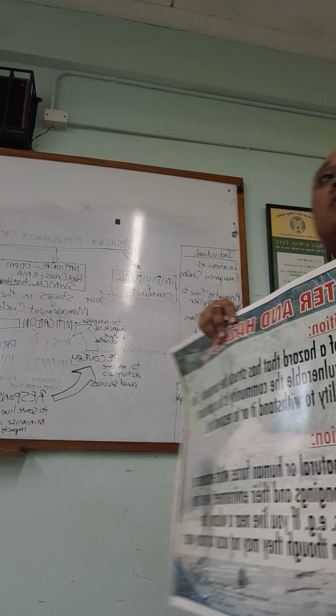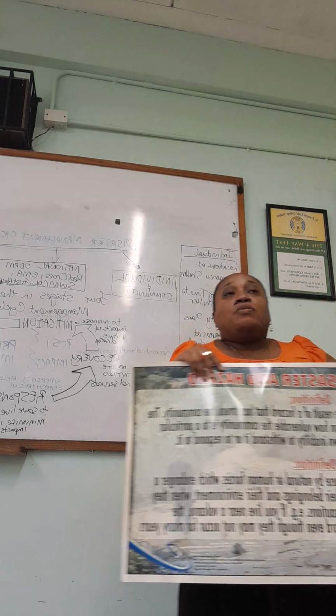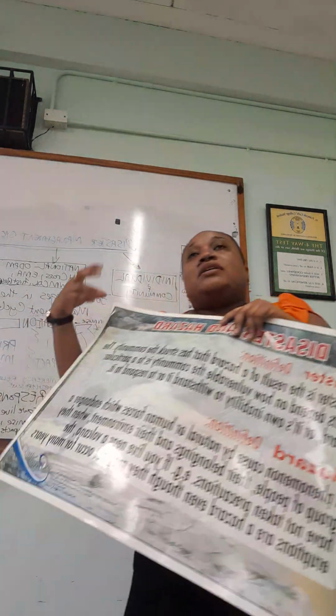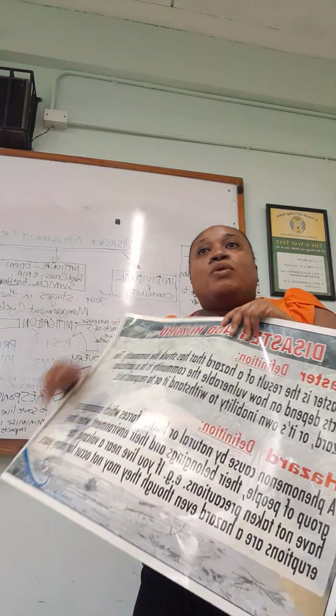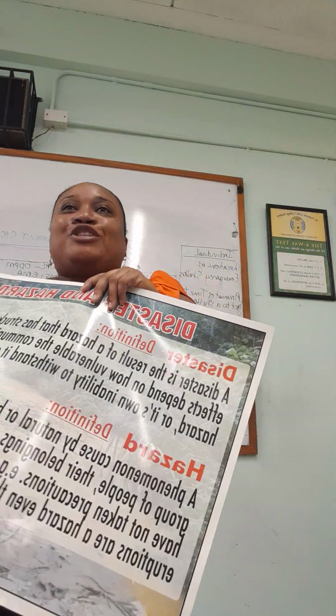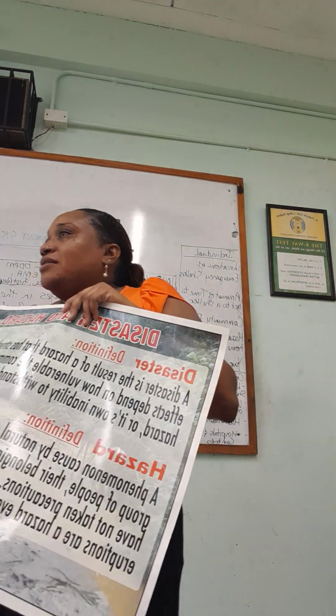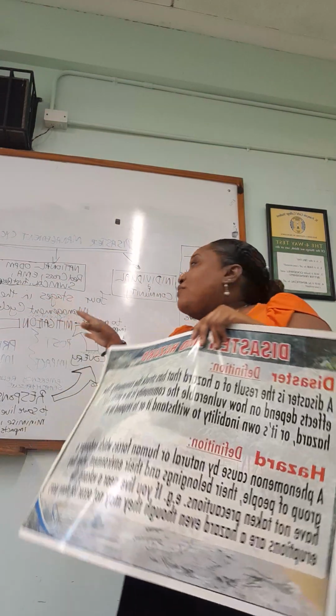Of course, we do the case studies in groups in terms of disaster preparedness and how they respond. So we want to have a dramatic presentation in class next week, right? With a disaster preparedness plan. I'm going to give you all of the details.